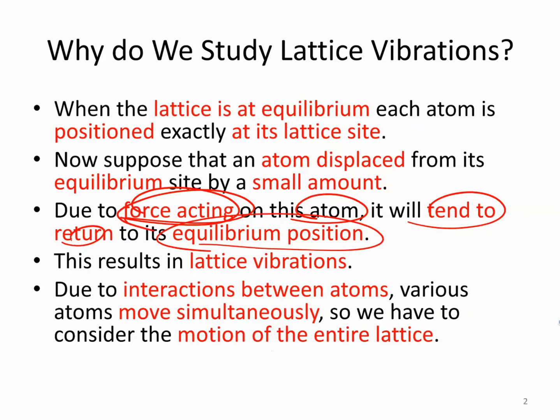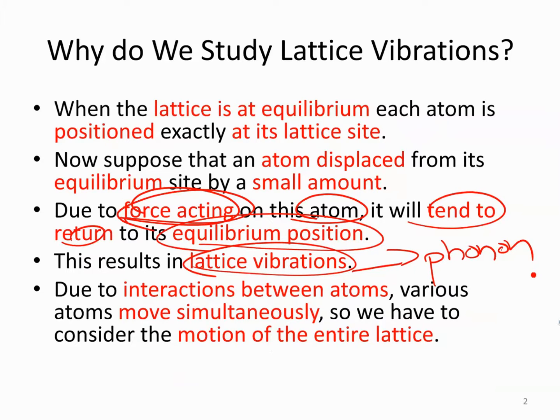So when it moves down, it still has the environment temperature, right? So it will still be moving up. So pull down, pull up, pull down, pull up. Then it creates the vibration along the y direction or z direction or x direction. And we call this lattice vibration, or in other words, we call it phonon.